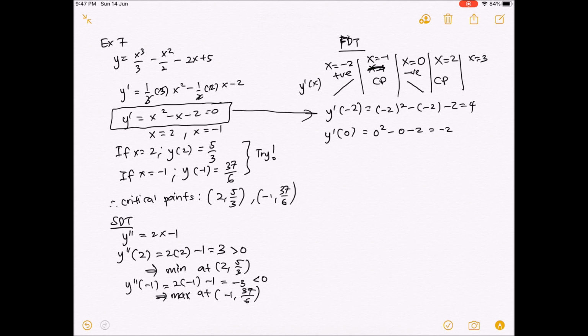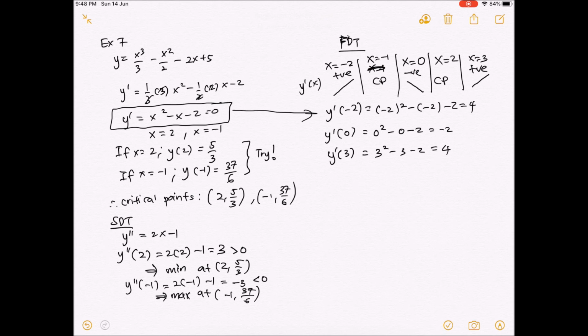Negative here means decreasing. y prime of 3, I will have 3 to the power of 2 minus 3 minus 2, which is 4, and it is positive, so it is increasing.